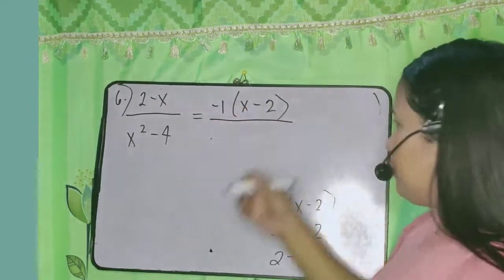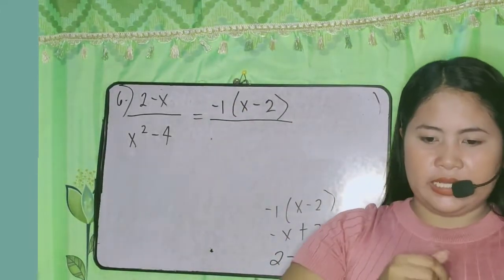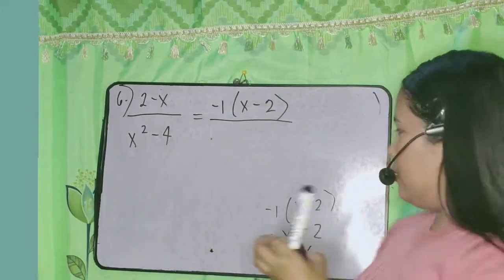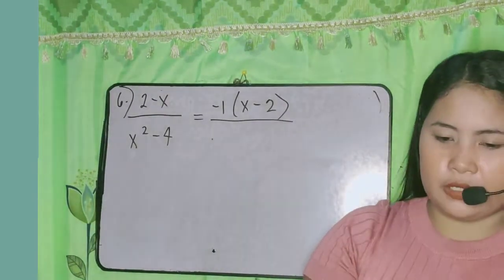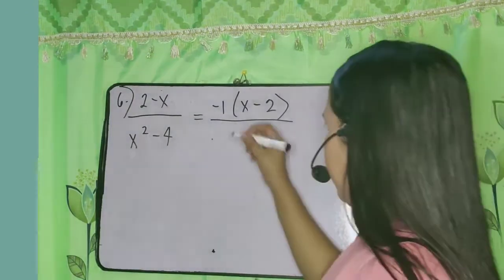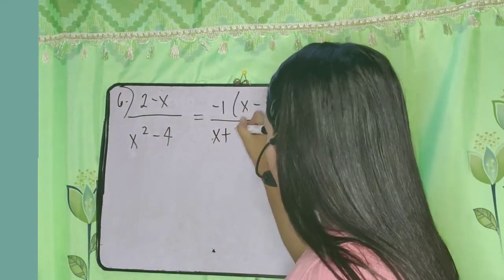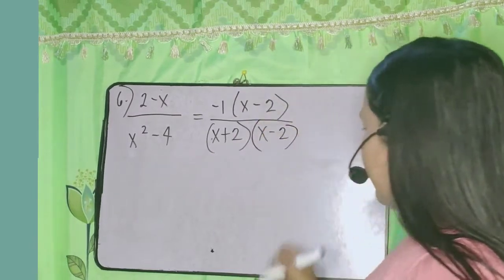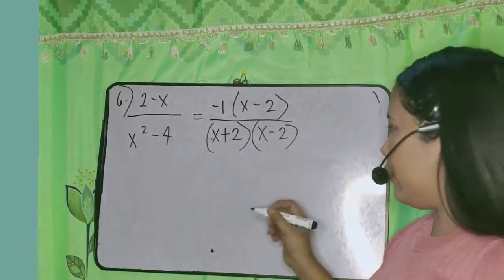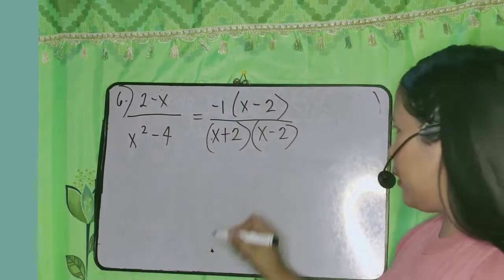So now, ano po kaya yung factor ng denominator natin? So hanapin pa rin po natin. So let's say po, the factor for the denominator is x plus 2, x minus 2. So again po, para malaman natin na tama nga yung nakuha natin na factor, of course, we're going to use the FOIL method. Okay.